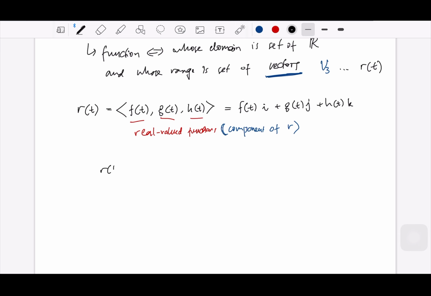So if you have, meaning that this function f is t cubed, g is ln t, and h will be square root of t. Basically all the things in our chapter 13 will be practically similar. The difference is just that the output is vectors.